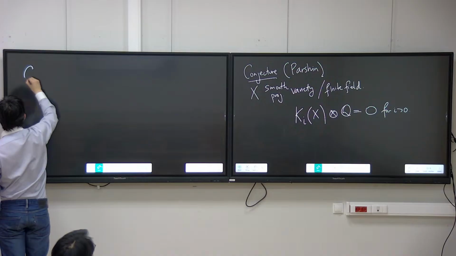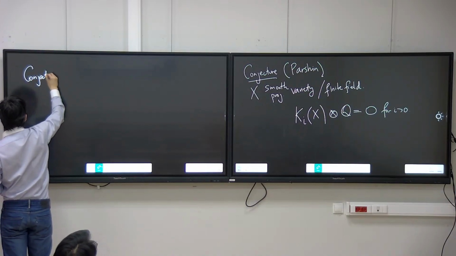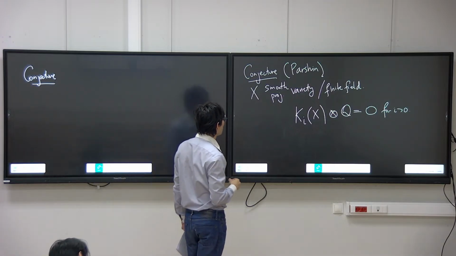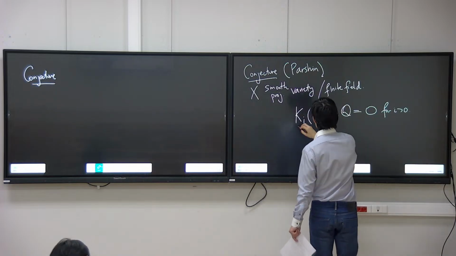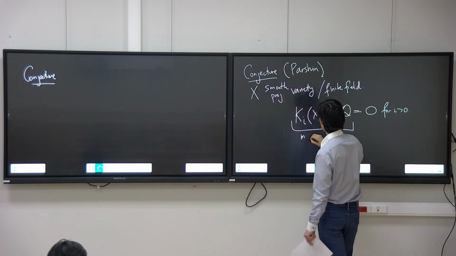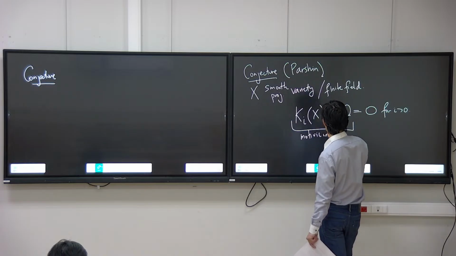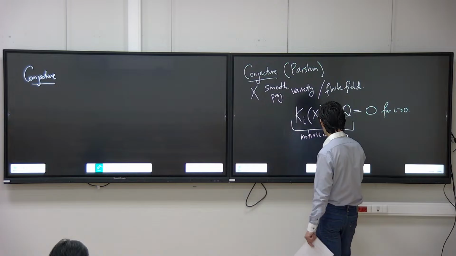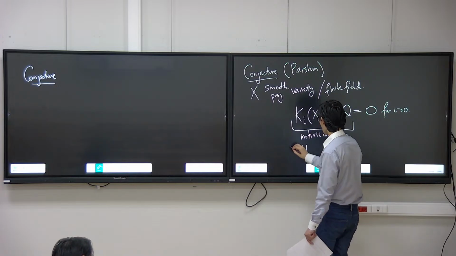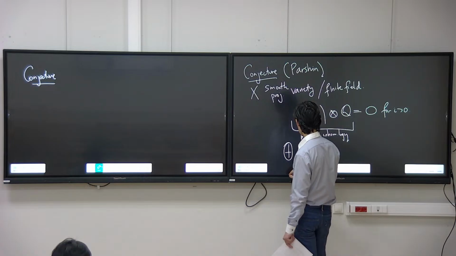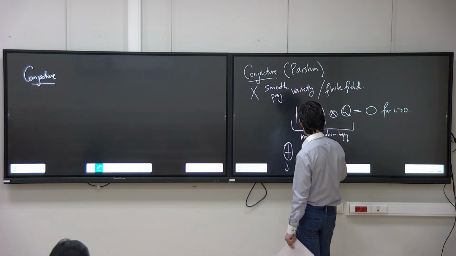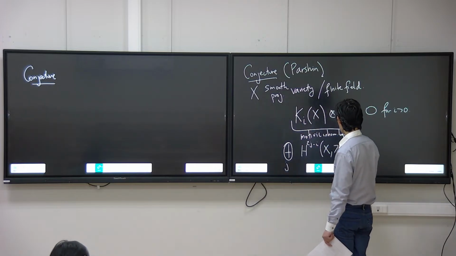Another conjecture. Maybe. Yeah, I'm not sure. This thing here is basically motivic cohomology, as I wrote down in the beginning of the lecture. So it's maybe K_i of X, it would be the direct sum along j of H^{2j-i}(X, Z(j)).